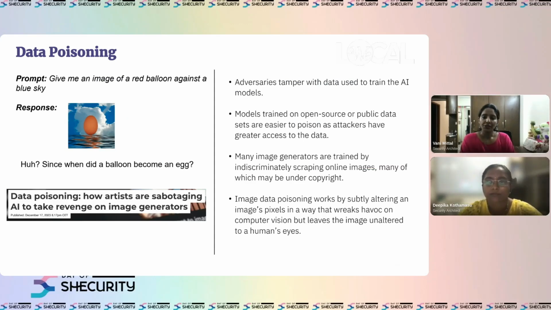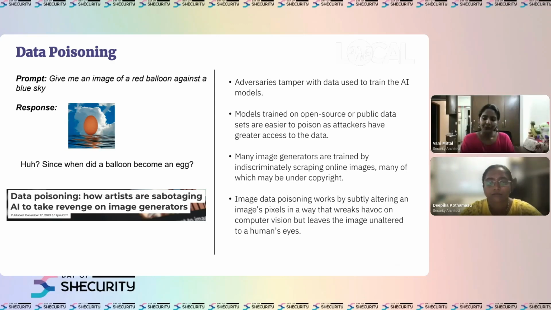So imagine you're using a GenAI based image generator, something like DALL-E or Midjourney. You give it a prompt, give me the blue sky, and it generates this image for you, an egg against the blue sky. So you're left wondering what happened. This is the result of data poisoning.